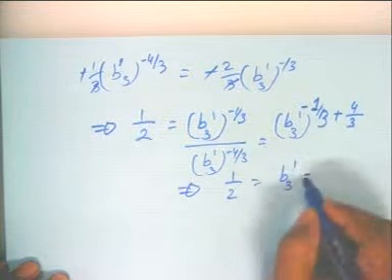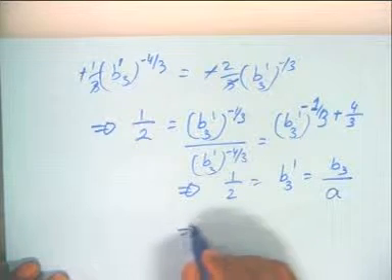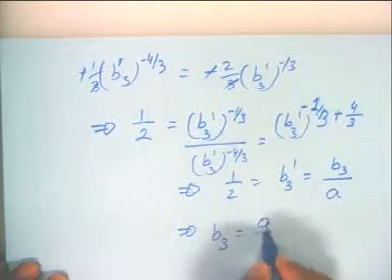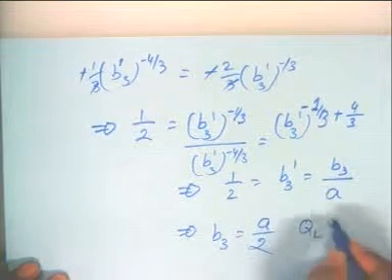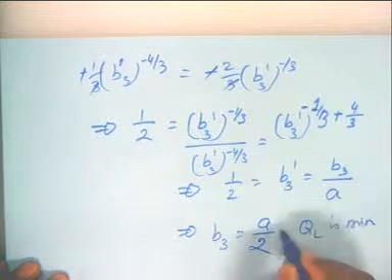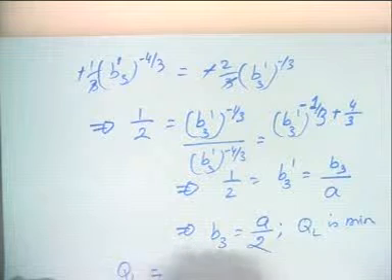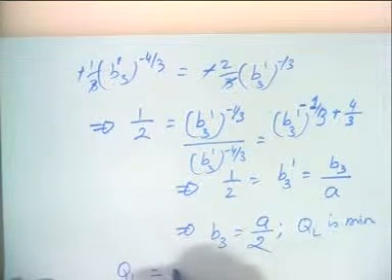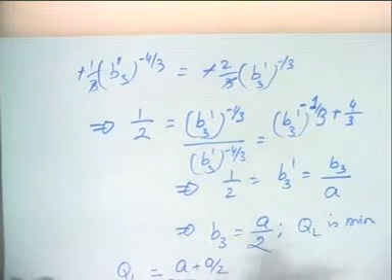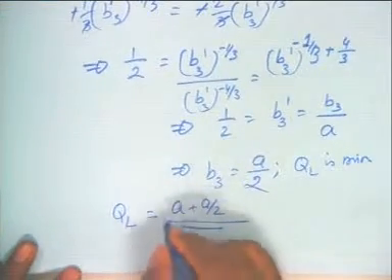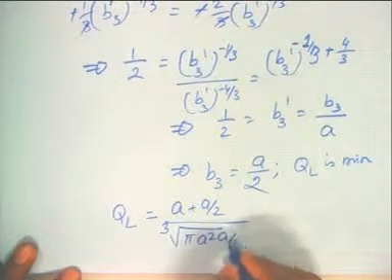So, B3 prime means B3 by A, which means B3 is equal to A by 2. So, when B3 is A by 2, QL is minimum. Okay. And what is the QL value? I now substitute: QL is equal to A plus A by 2, then cube root of pi A square and A by 2.